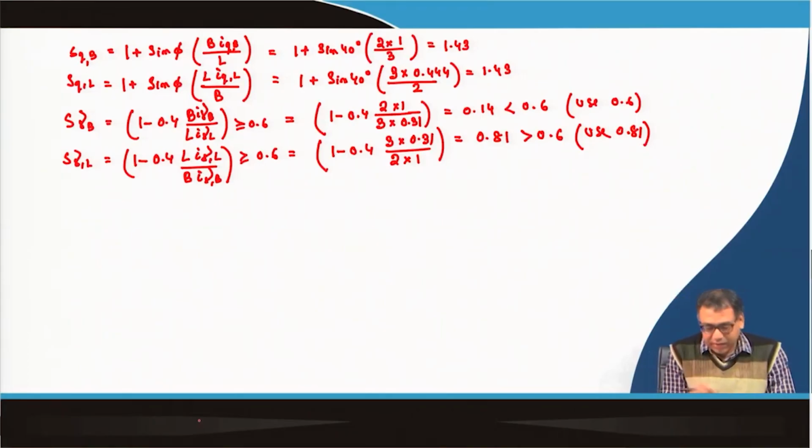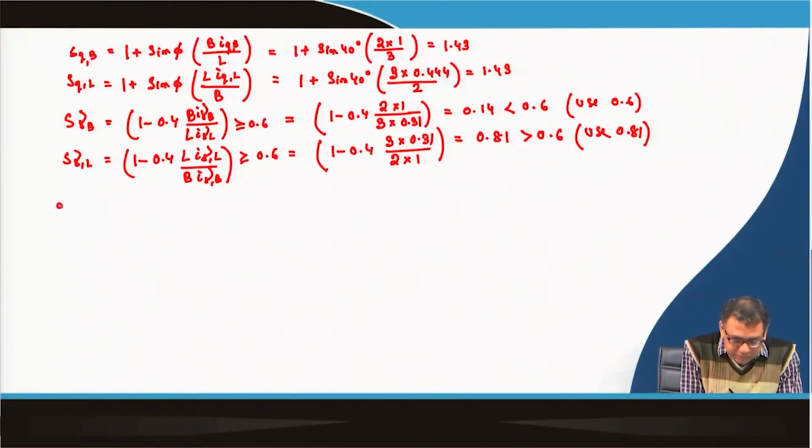Okay. So, now we have calculated the depth factors, shape factors and inclination factors. Now I will use the two sets of equations for the net ultimate bearing capacity.